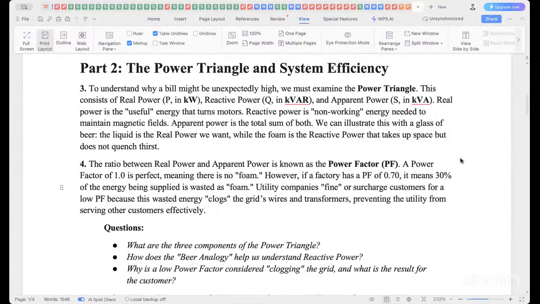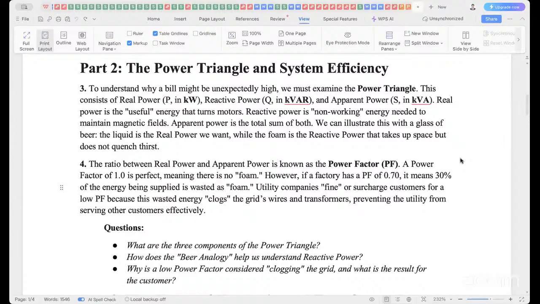When we talk of low power factor, we're asking how a low power factor is clogging the grid. What happens when we have a low power factor like 0.3, 0.4, like we rightly saw in our manual just now? It means you are wasting a lot, as against almost unity power factor.